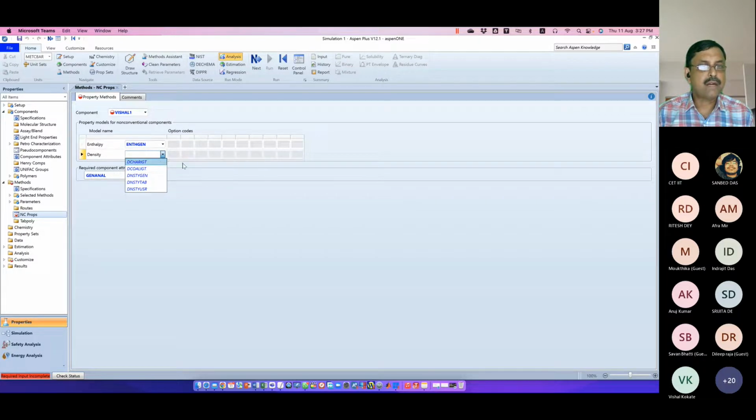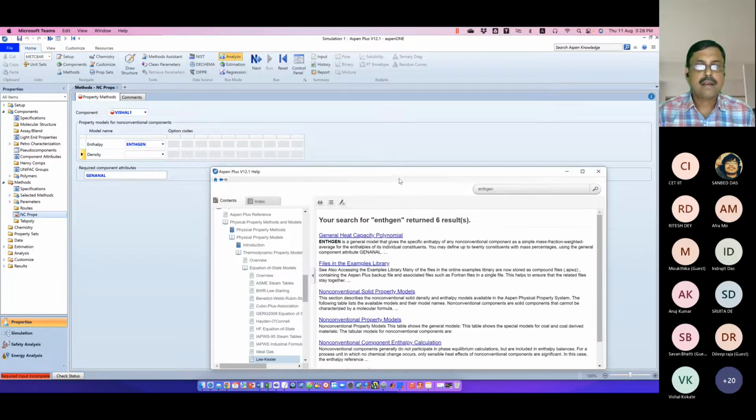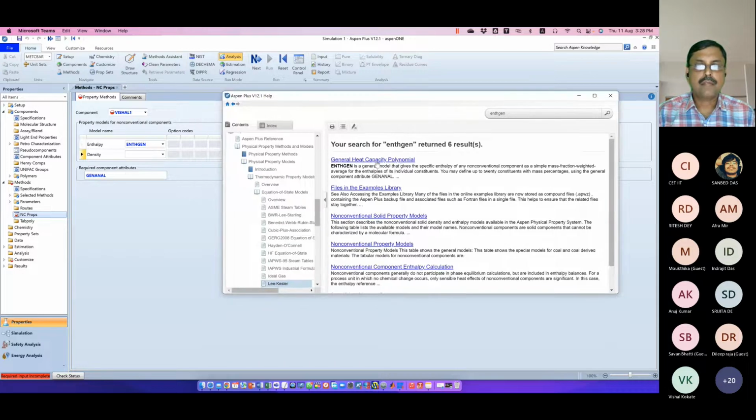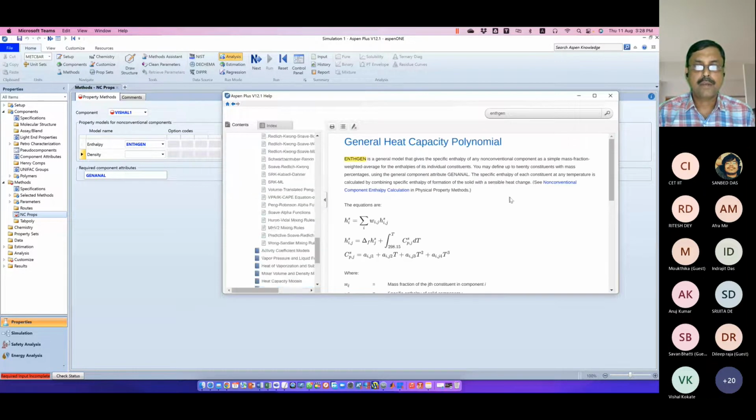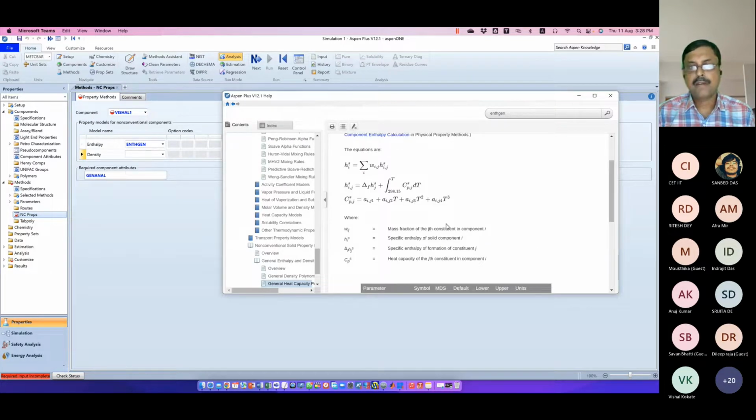Now, I have never worked with these things like ultanal and sulfanal. So if you ask me, I cannot directly answer this question, but it is always possible for you. Suppose nth gen. Okay, you can go to this file and say nth gen, and here they will give you the general heat capacity polynomial. So you can set your experimental value.